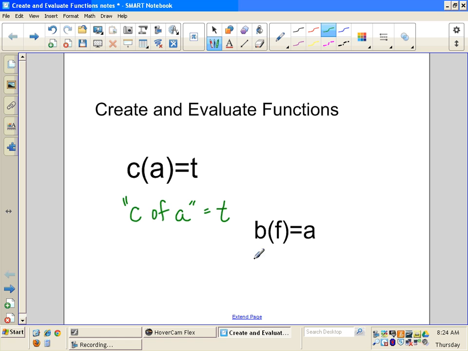For this one, b of f equals a. So the value in the parentheses is the "of" part, and basically what this means is that your output, the thing in the end, depends on what your input is, what you're putting in.